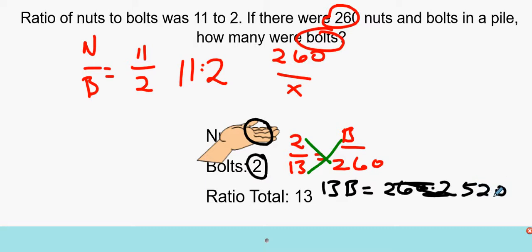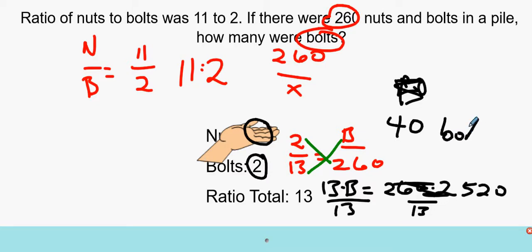Let me double check. It doesn't show it in the book, but I trust it. How do I solve for b? This is implied as a multiplication. Undo it through its inverse operation of division. 520 divided by 13 is, yikes, 40 bolts. If that was too fast, let's go a little slower.